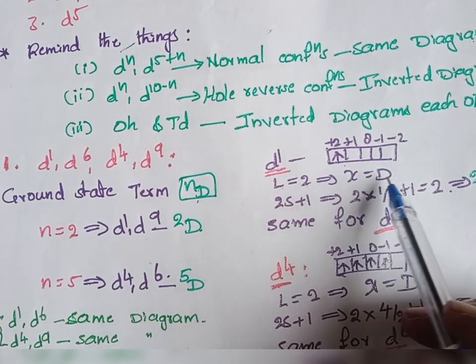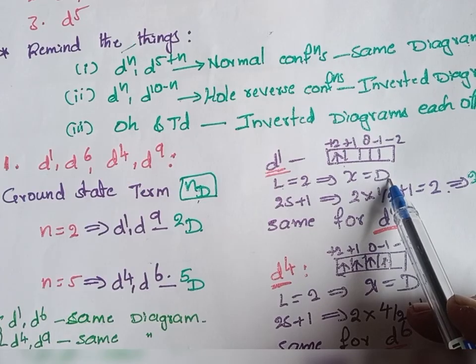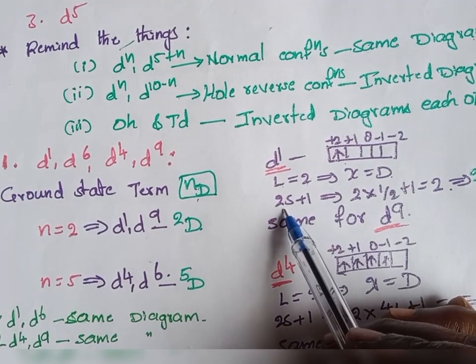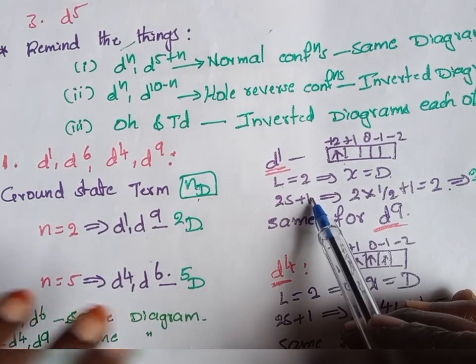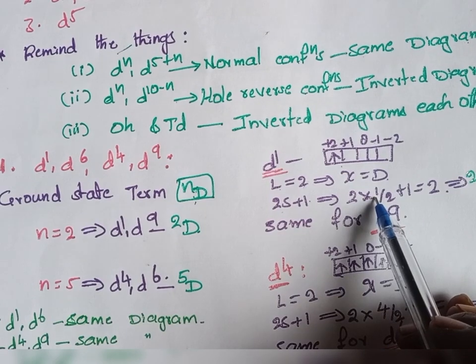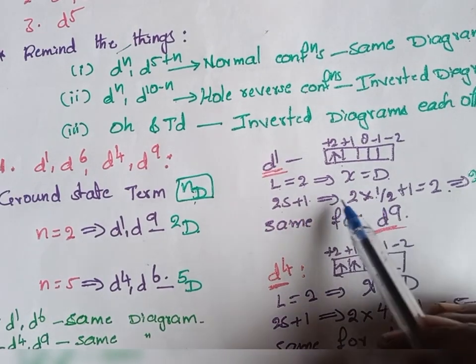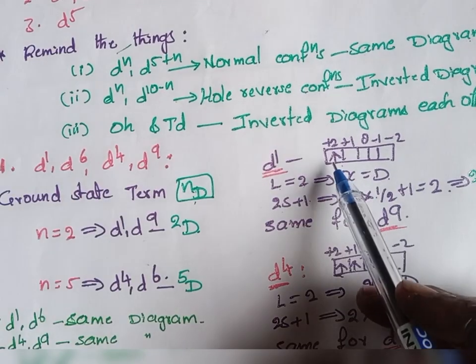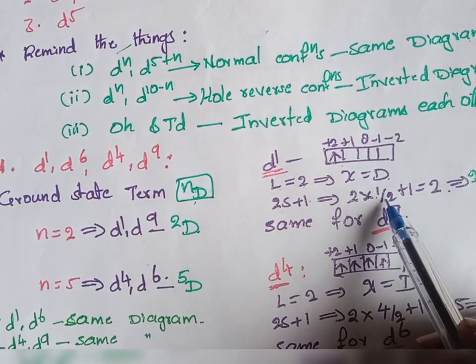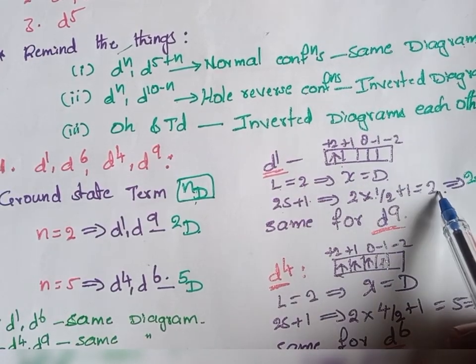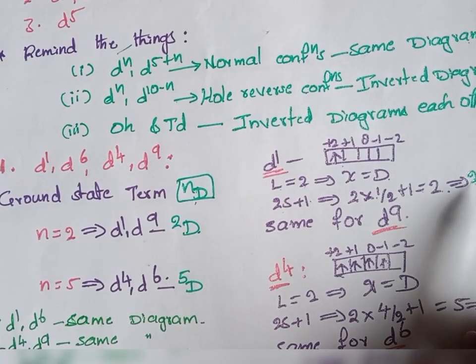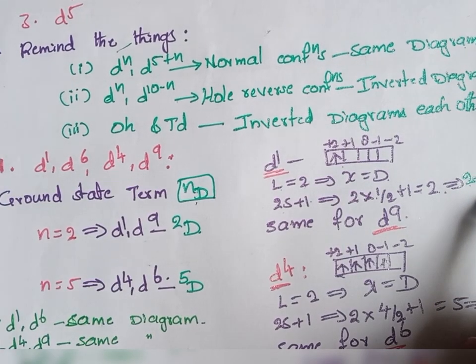Therefore, the term symbol is D. And if we calculate the spin multiplicity, that is 2S+1, where S is n by 2, that is, the number of unpaired electrons by 2, right? So 2 into 1 by 2 plus 1, so it is 2. So the ground state term for d1 is 2D, right?